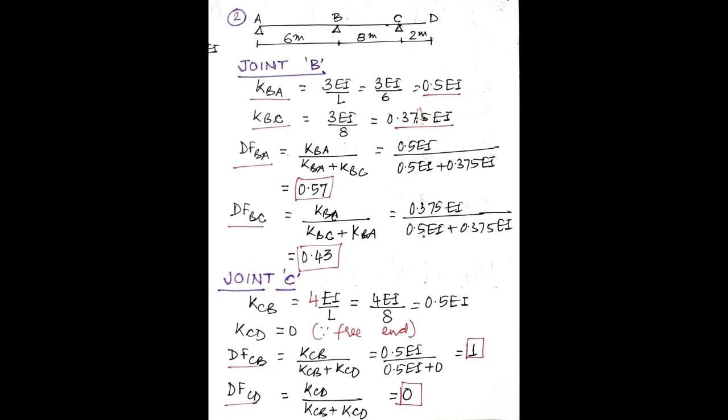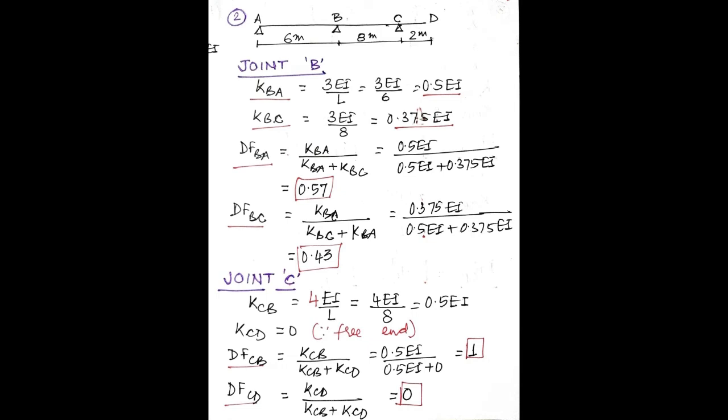But while we are taking the CB member, B is not the extreme left support. If we go from B leftward, we have another support. So in this case, while considering the member CB, B acts as a fixed end.